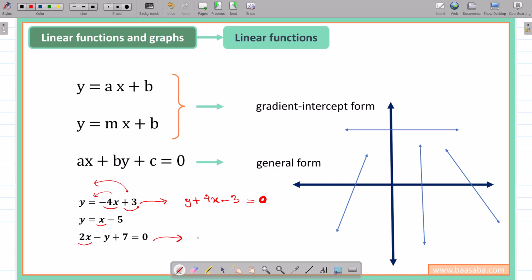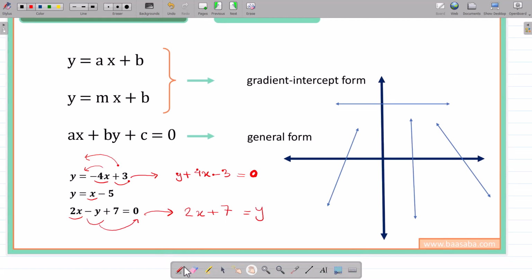So if I do that, the second way, because it's going to be easier and simpler, I keep 2x here, I keep positive 7 here, equal to, now I transfer negative y to the other side, which becomes positive y, or y. You can skip writing positive sign.